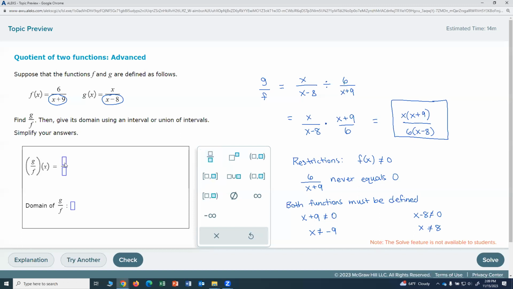So I'll go ahead and put my function in first. x times x plus 9 divided by 6 times x minus 8.